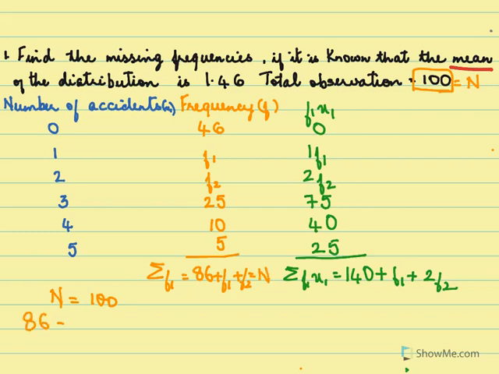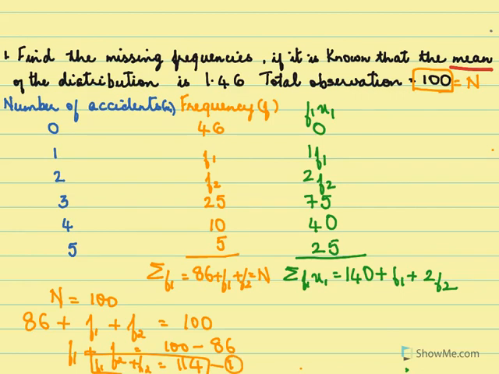So 86 plus F1 plus F2 equal to 100. So F1 plus F2 is 100 minus 86. So we have F1 plus F2 is 14. This we write as equation 1, and we are going to use it later.